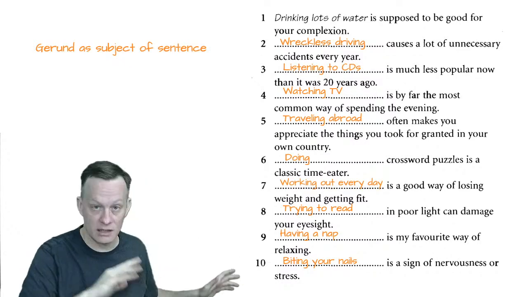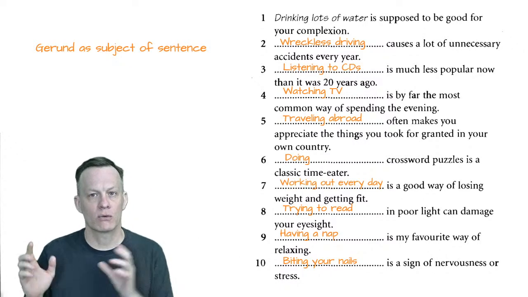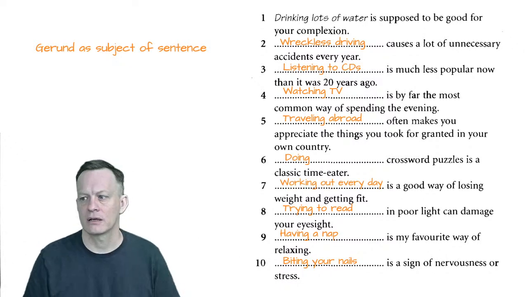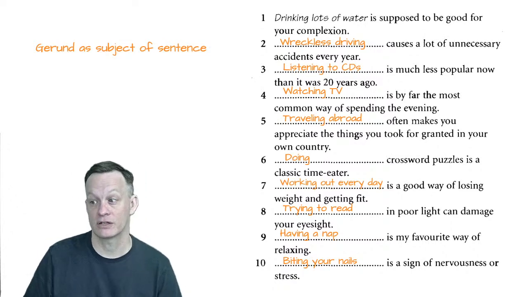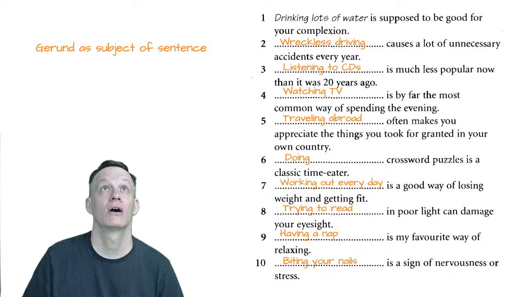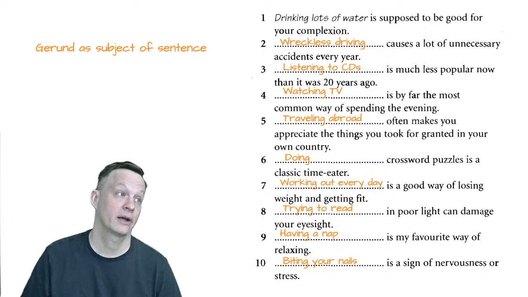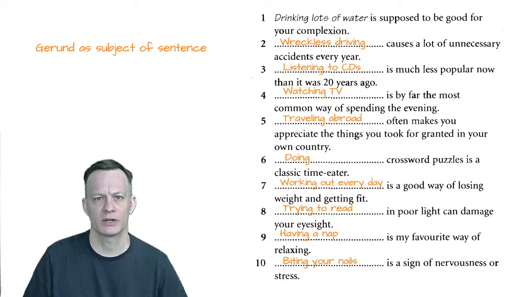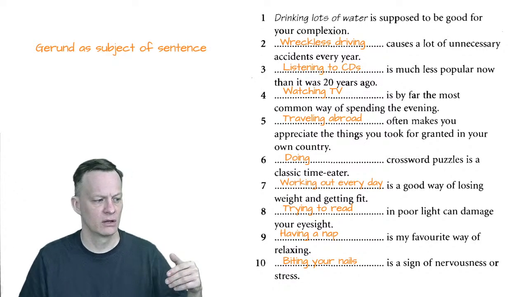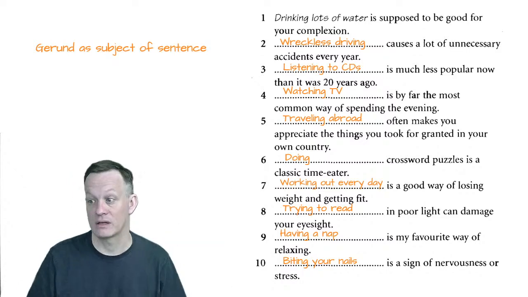So rushing around, I think, is what you're trying to say. Okay, so rushing around is a sign of nervousness or stress. Absolutely, I rush around all day, except when I'm not. No, but I rush around quite a bit because I'm always nervous or stressed about what to do next.